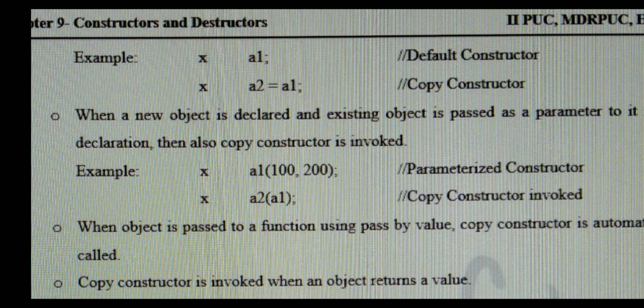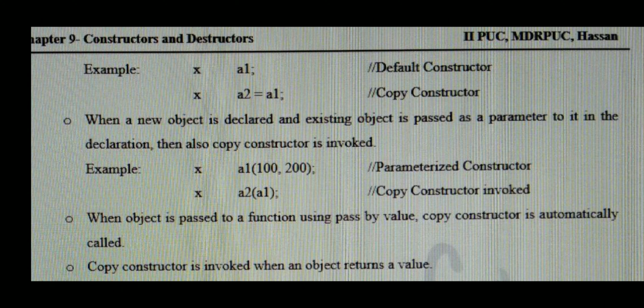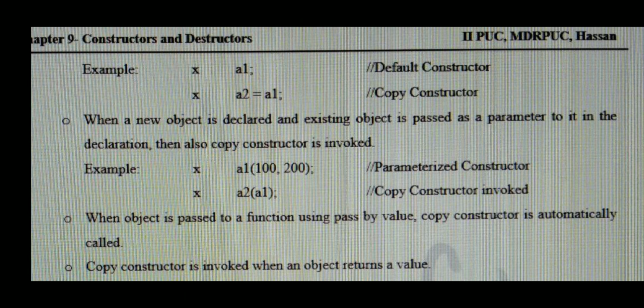When a new object is declared and the existing object is passed as a parameter, we use the constructor. The parameterized constructor is a1 of 100 comma 200, with two parameters. The copy constructor a2 of a1 means a1's value we are copying to a2. This is a different way. In this slide there are different ways to give a copy constructor. It is very easy, not at all complicated, students.